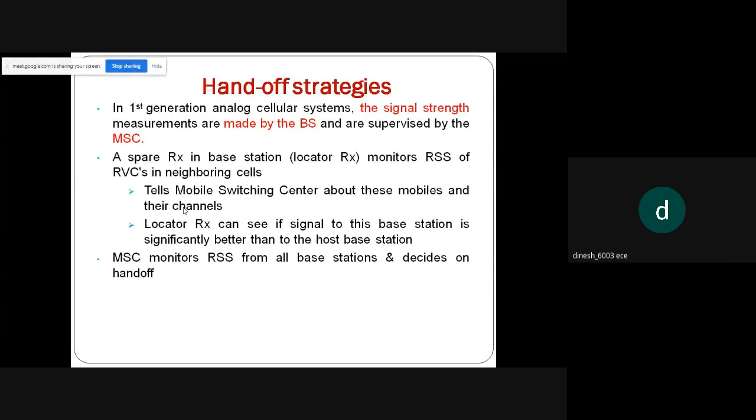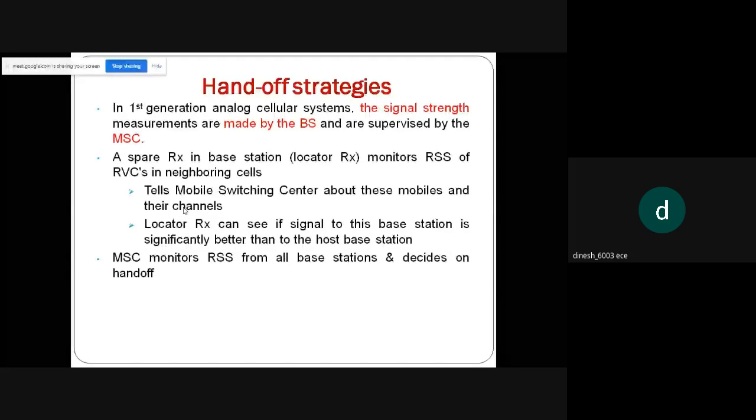This tells the mobile switching center about these mobiles and their channels, how much signal strength is present, and whether to terminate or continue the call. All of this is present in the base station. The locator receiver will see if the signal to the base station is significantly better than the host base station. So the mobile switching center monitors the received signal strength from all base stations and decides on handoff.